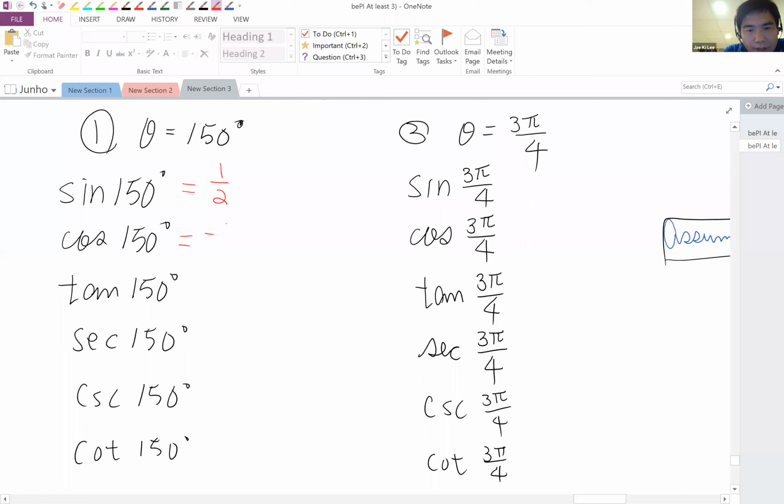Yeah, negative root 3 over 2. Tangent 150. Negative root 3 over 3. So negative root 3 over 3 because basically it becomes 1 over negative root 3, since the denominators are equal to each other, and you're rationalizing, then this comes out negative root 3 over 3.